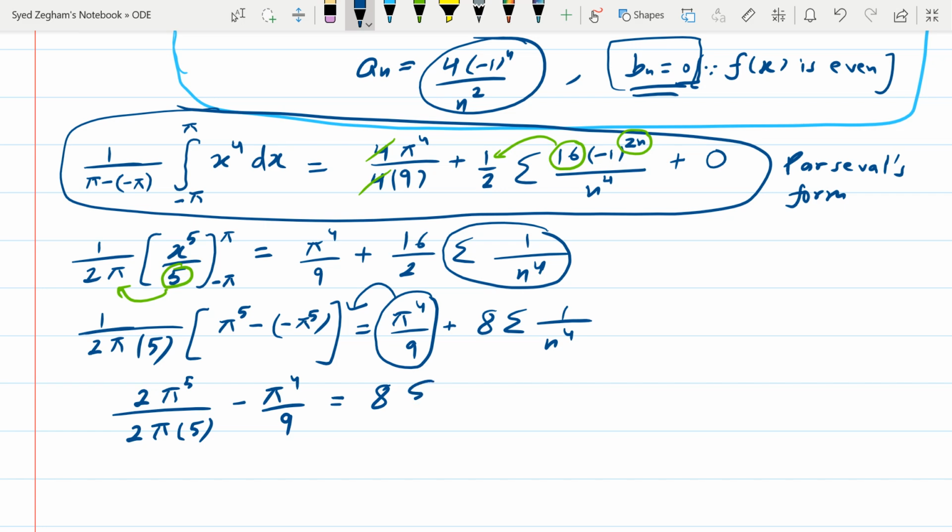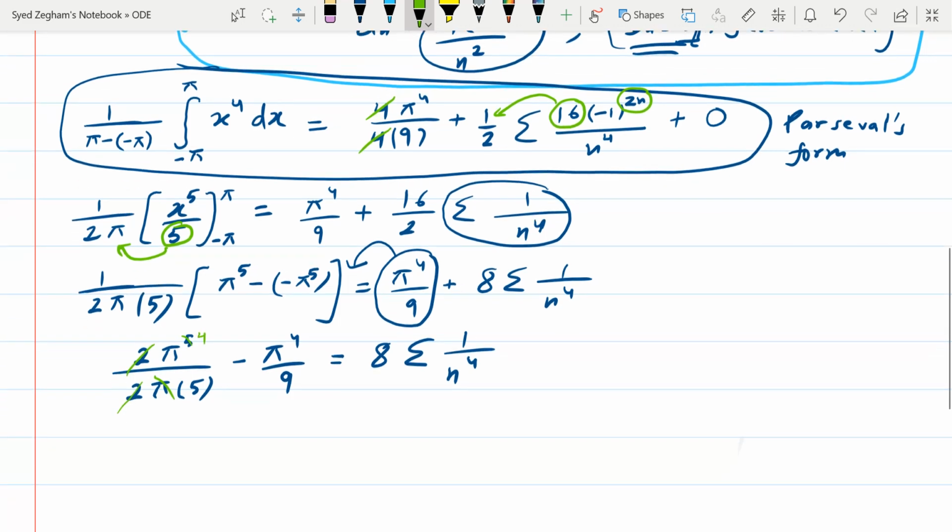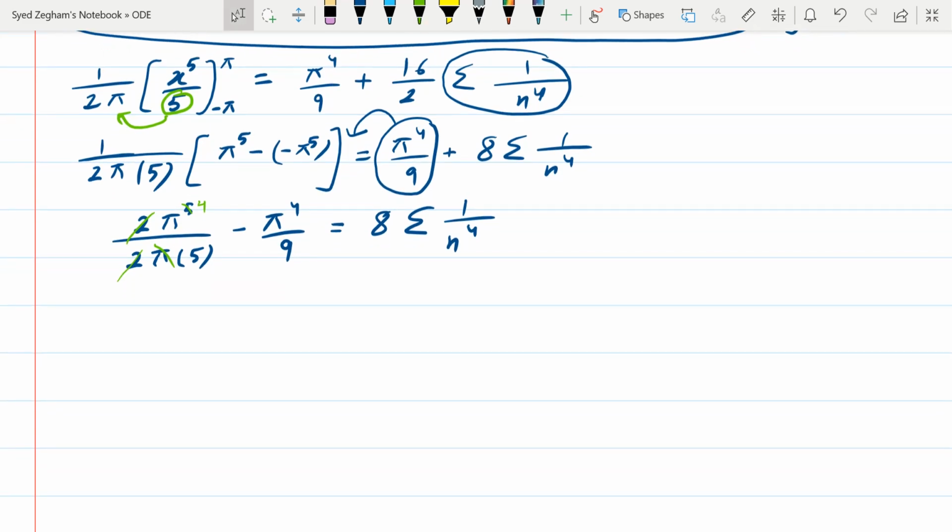That will be 8 times summation 1 by n power 4. Some cancellations will happen. This 2 will cancel with this 2, and this pi will make this pi power 5 as pi power 4. So you are left with pi power 4 divided by 5 minus pi power 4 divided by 9.